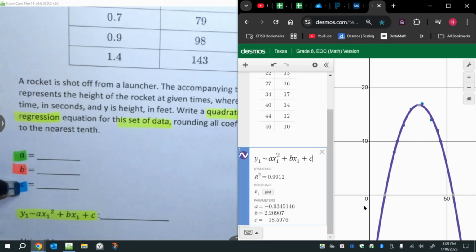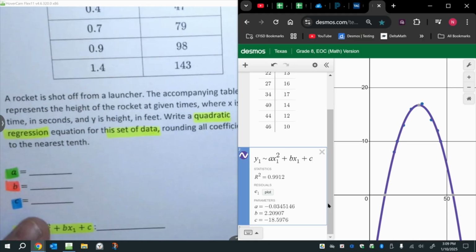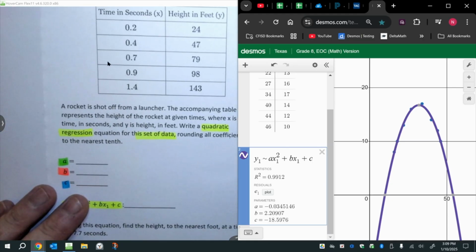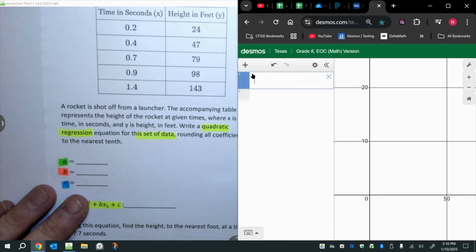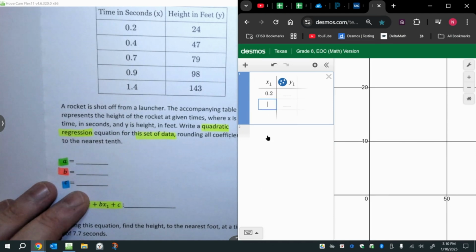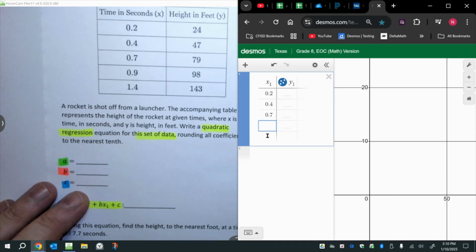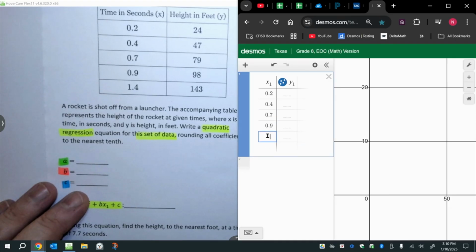All right, so you can read it. It's talking about a rocket being shot from a launcher, and it represents the height. So time, height. Let's take a look. I'm going to get rid of this and add a table and type my stuff in. 0.2, 0.4, 0.7, 0.9, 1.